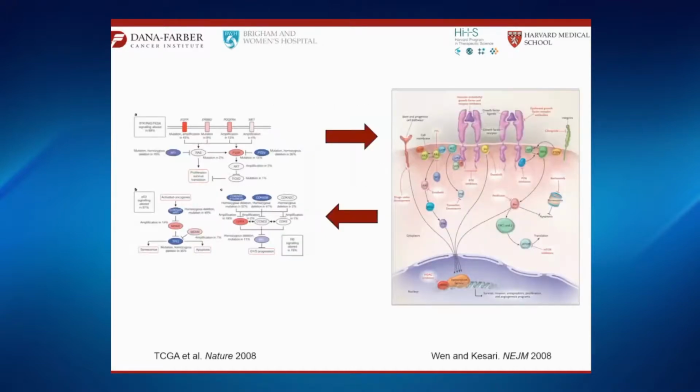So this is a slide I use for glioblastoma, and on the right is a review from New England Journal, now 10 years ago, looking at targeted agents with different targets for glioblastoma, and on the left is the TCGA paper from Nature in 2008 outlining genomic alterations in glioblastoma. And in the last talk we heard, this isn't like lung cancer.